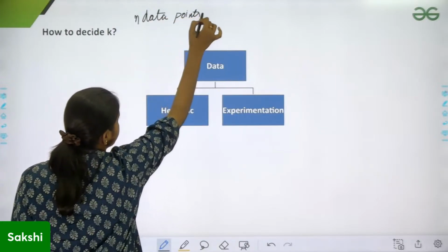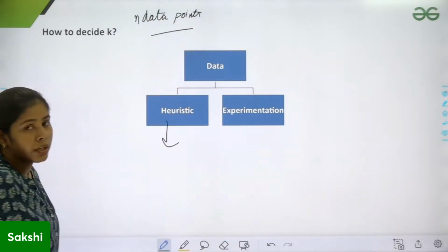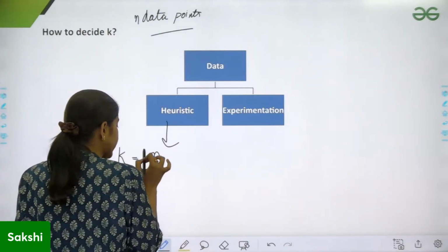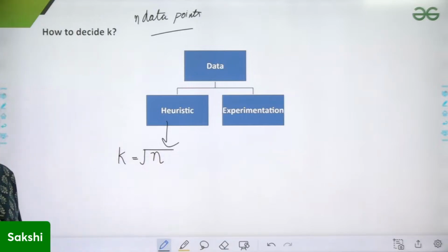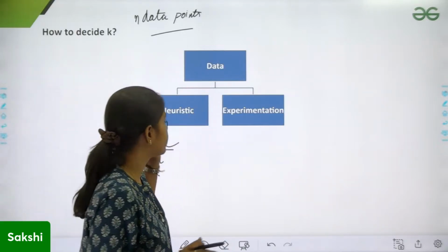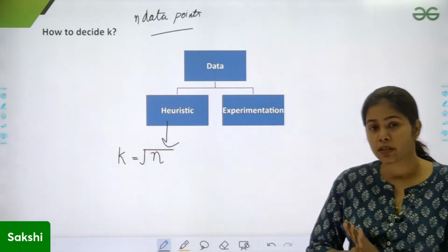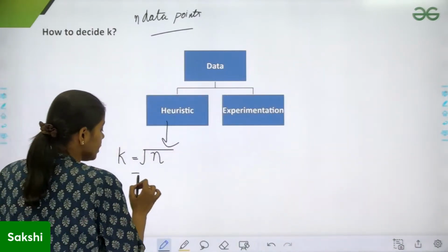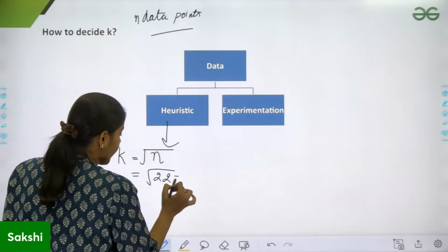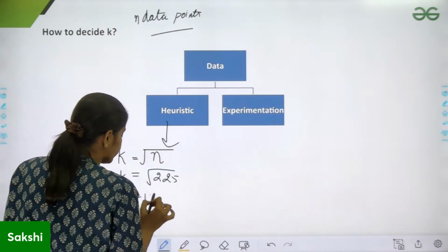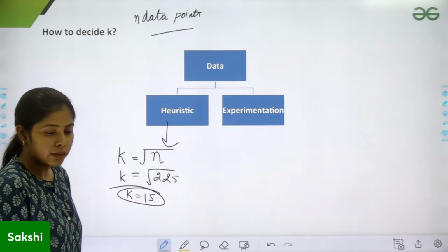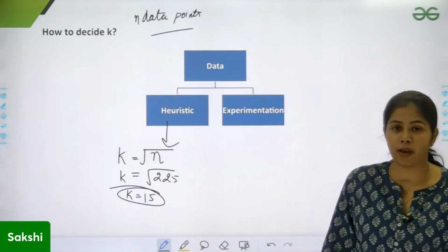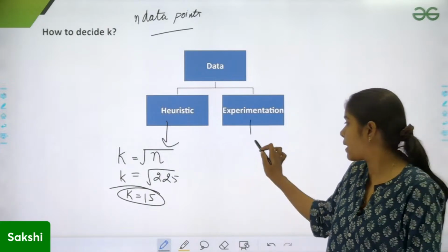Scientists have done some research, and they have decided that in the heuristic approach I have to take the square root of n, and that would work as my k value, right? So if I have 225 data points, then the k value would become 15, right? So the square root of n works as my value of k.